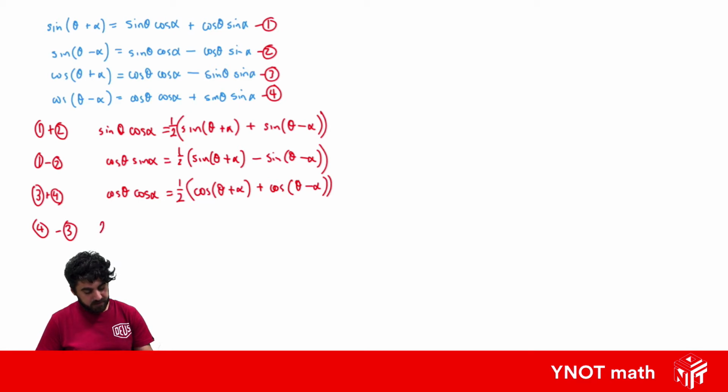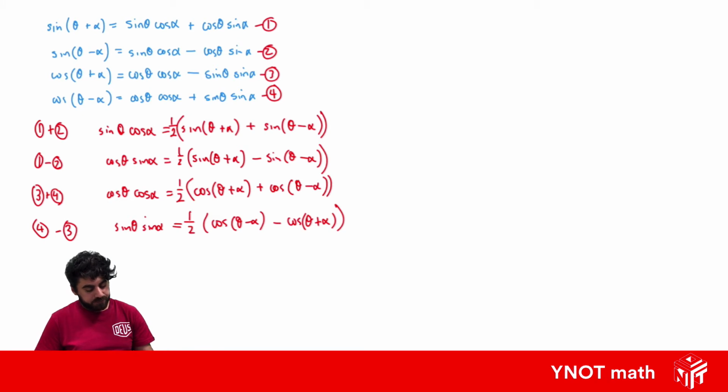So we'll get 2 sine theta sine alpha equaling, so we're doing 4 minus 3, so we're going to get cos of theta minus alpha at the front minus cos of theta plus alpha. And again, let's times both sides by a half, which will cancel out with this 2 out the front.